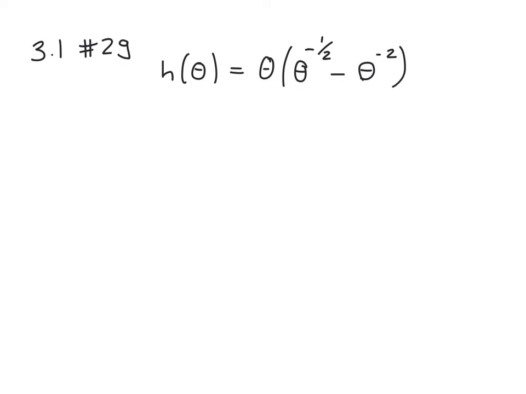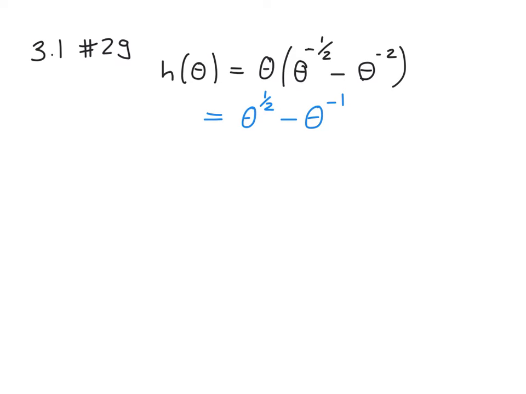However, we can still differentiate this today using the rules that we have if we realize that we can turn this into a combination of power functions of the form that we know how to differentiate by just multiplying out here, right? So let's do this. If we multiply out this expression, theta times theta to the minus 1/2 minus theta to the minus 2, we get theta to the 1/2 minus theta to the minus 1, right?